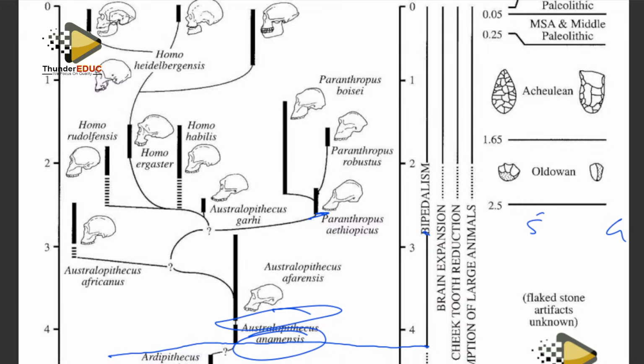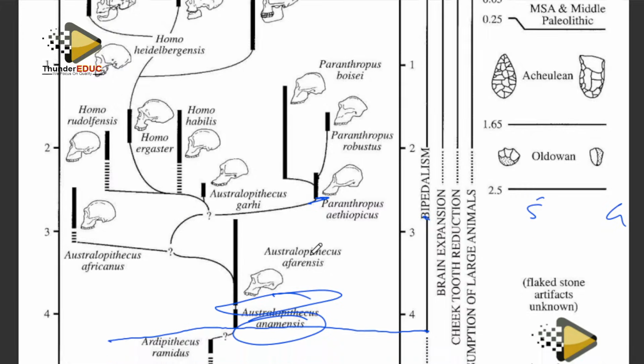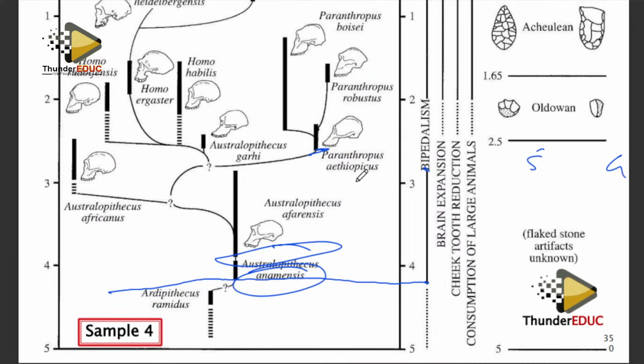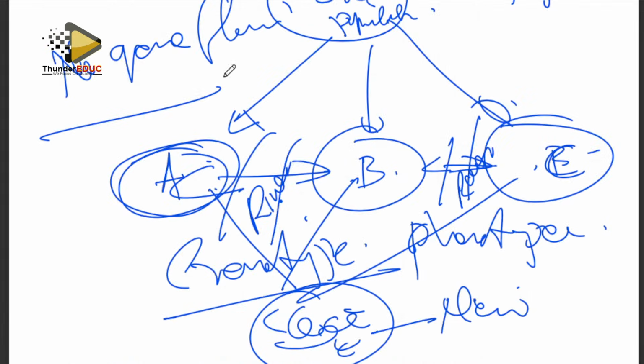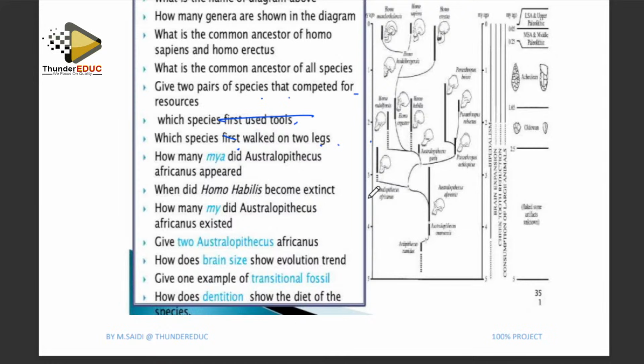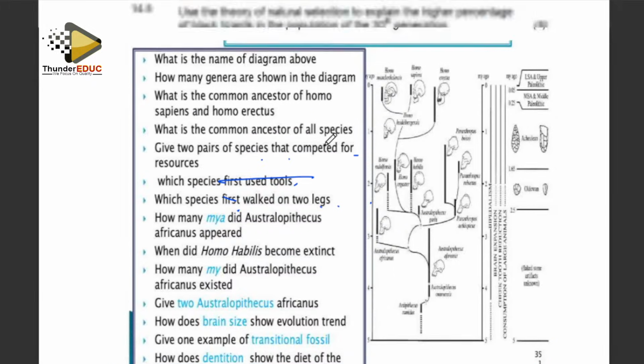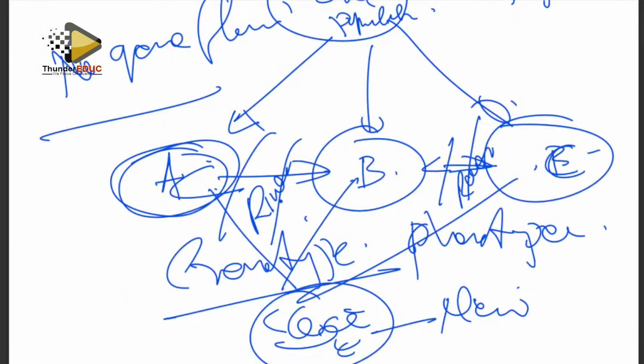We go to the next question. When did the Homo habilis become extinct? We continue and check and see.